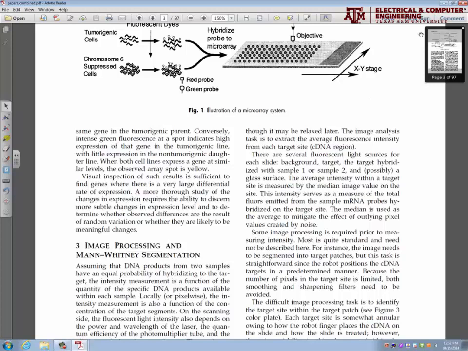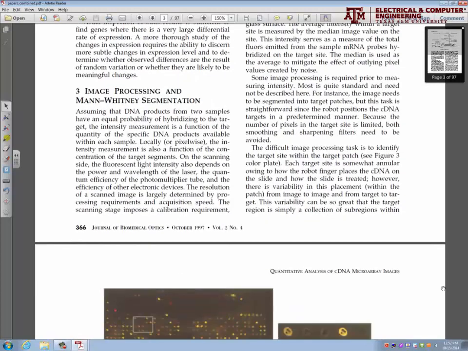The next section is about image processing, because you have the background, and you have to identify the target, because that's the place where you want to capture signal corresponding to hybridization. You're really trying to measure the quantity of RNA. So the difficult image processing task here is basically to look at the spots.